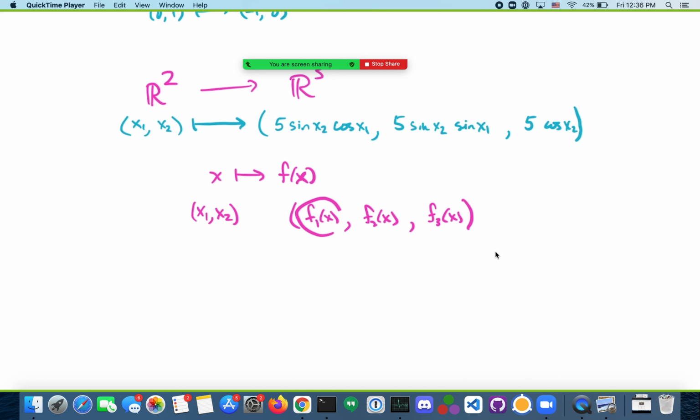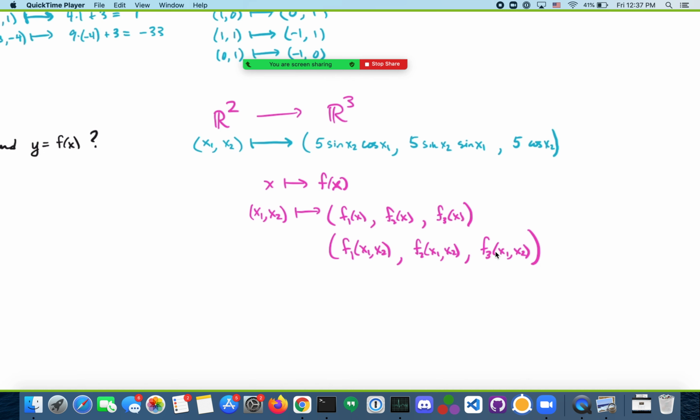So you see that we have 3 functions: the first, the second, and the third. And if we wanted, we could even unpack the x and say this is f1 of (x1, x2), f2 of (x1, x2), and f3 of (x1, x2).